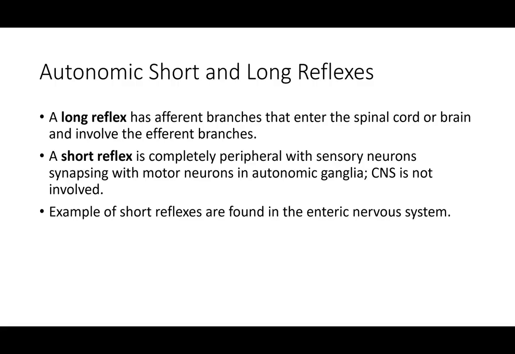This does not require the central nervous system to get involved because that stretch receptor directly activates a neuron in the wall of the stomach, causing the smooth muscles to contract.